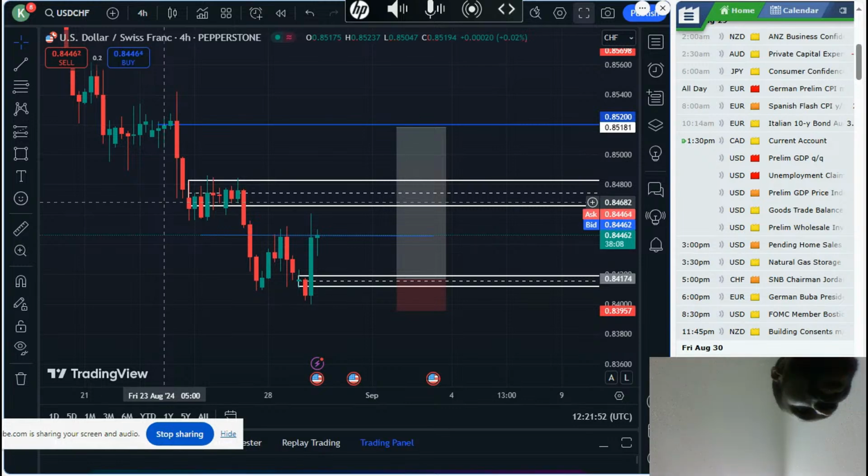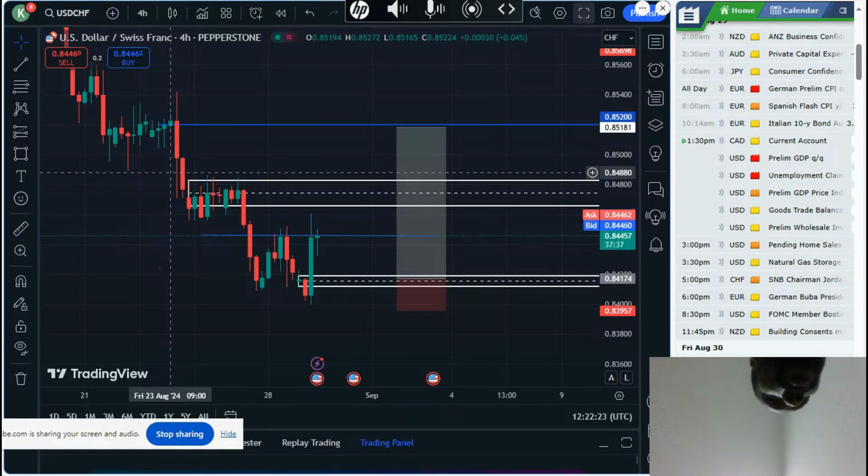USD Swiss franc trade live signal on 1:30 p.m. analysis: I'm calling a sell limit on USD Swiss franc at 0.84682.